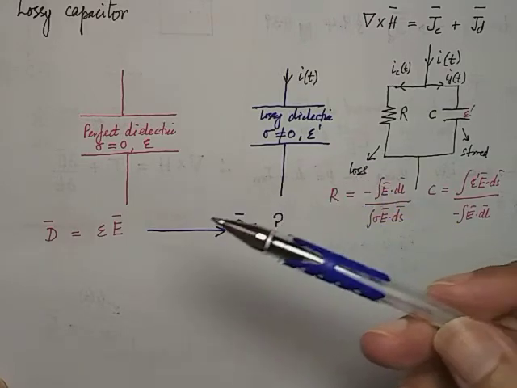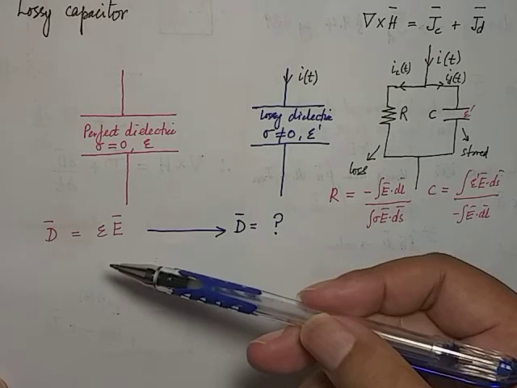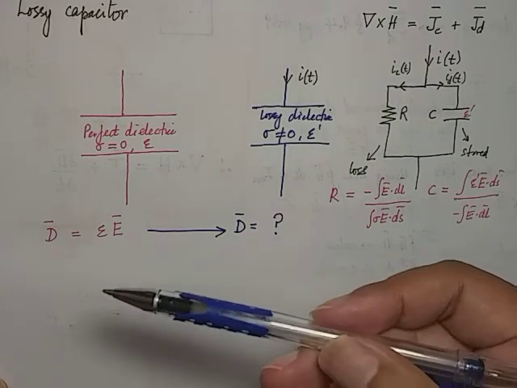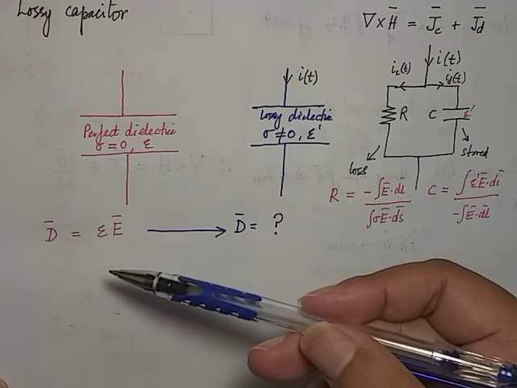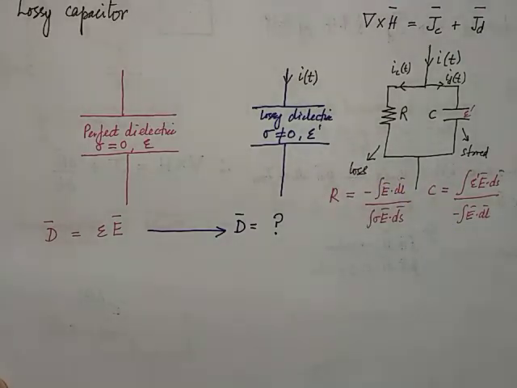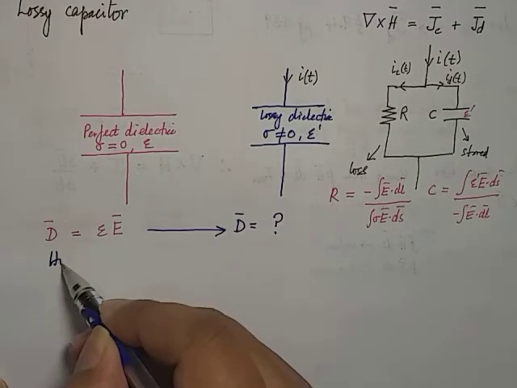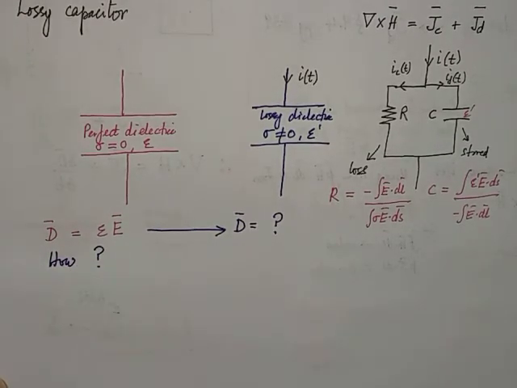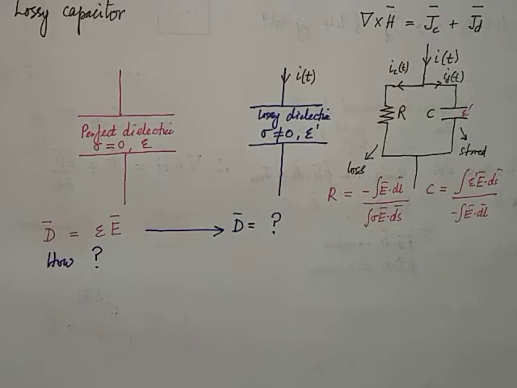We should use the original equation and just modify it in order to make it applicable to our new dielectric type. So how do we do it? The question is, how are we able to use the original equation from the perfect dielectric, and yet have that equation be used in the case of lossy dielectric?